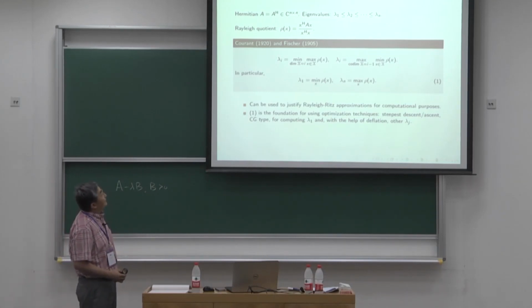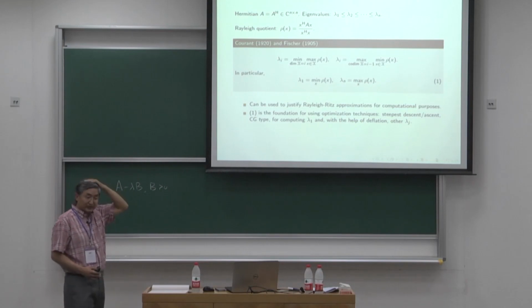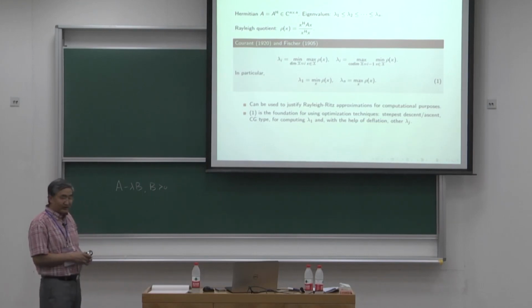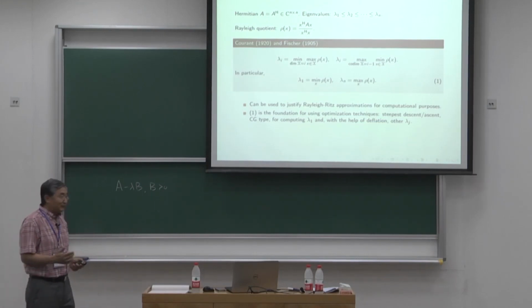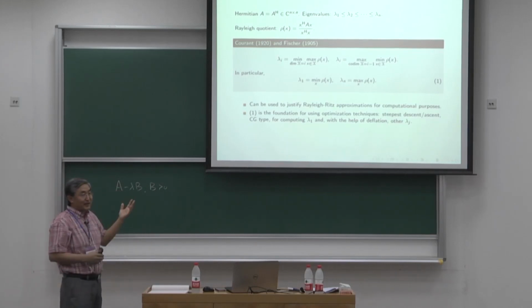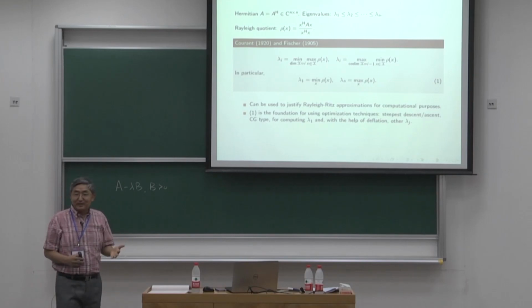The theorem sounds complicated. When you look at it, it seems complicated. The proof is not really complicated, but in the old days it could be. In Parlett's book, I can't remember which chapter, he mentioned that when he was taking class, he thought at the beginning this min-max theory was a deep mathematical theory.